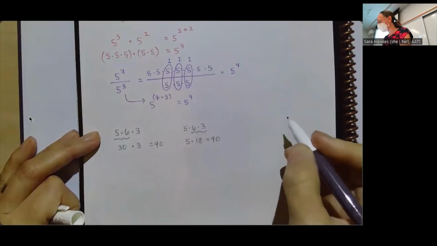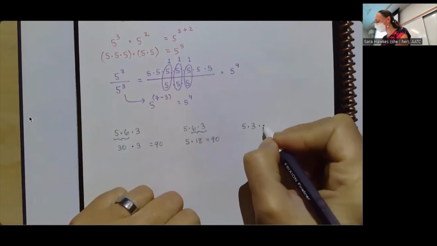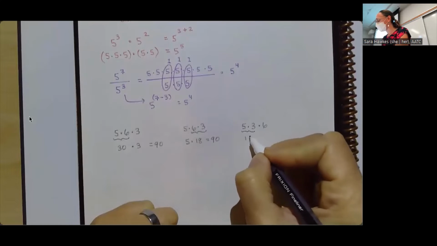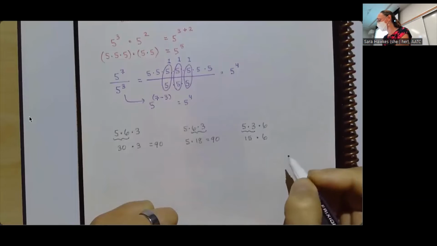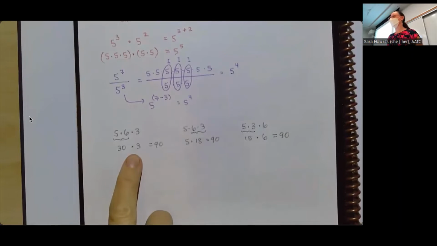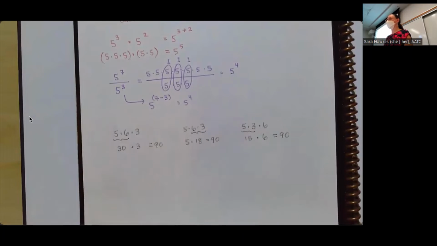I can also choose to reorder this and have 5 times, and move the 3 in front of the 6, so that I multiply these two together first and then times 6. That one I can do in my head too. That's the easiest one for me to do in my head in terms of multiplying in that order. But when we say that multiplication is commutative, it means we can rearrange these in any order and we're going to get the same answer.